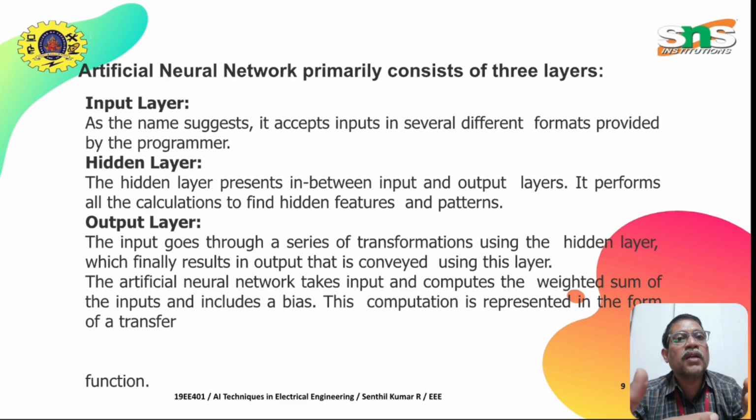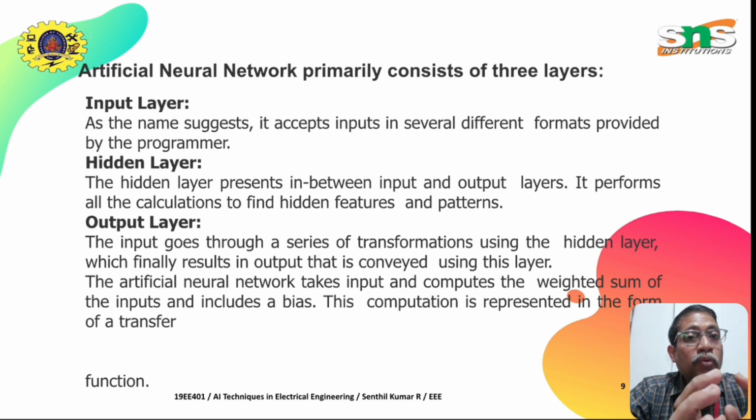Whereas the output layer is nothing but the axon, a series of transformations of hidden layer results, where the signal has to be conveyed at last.